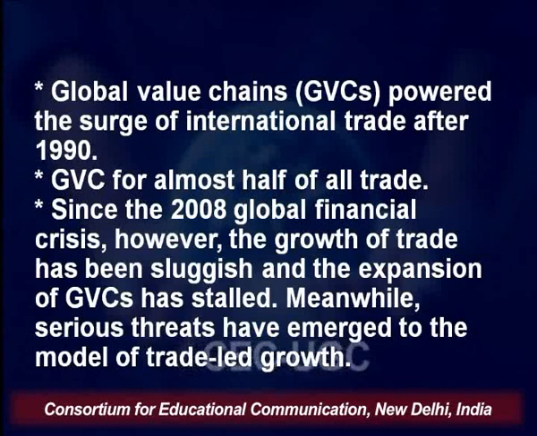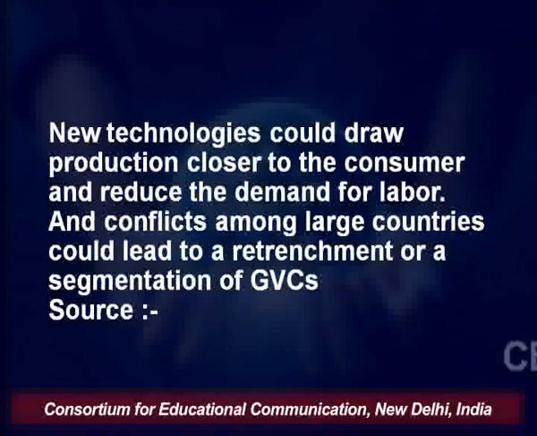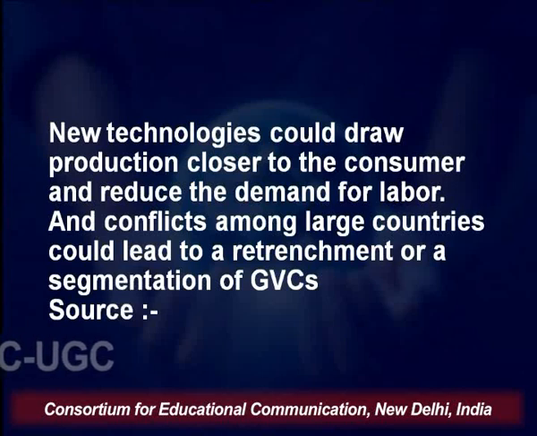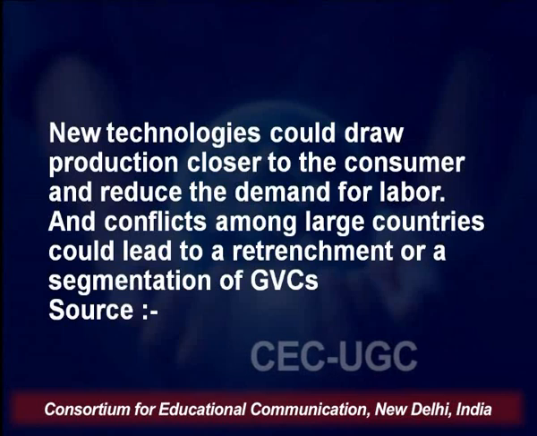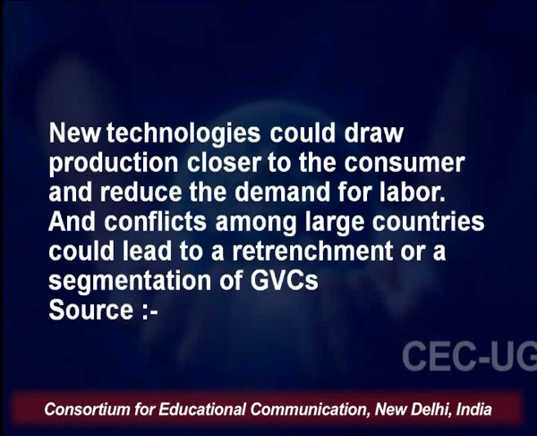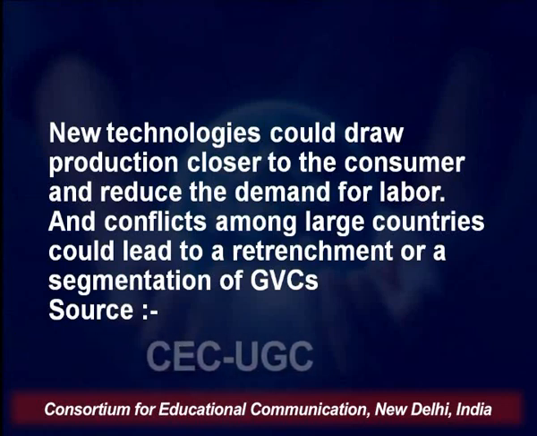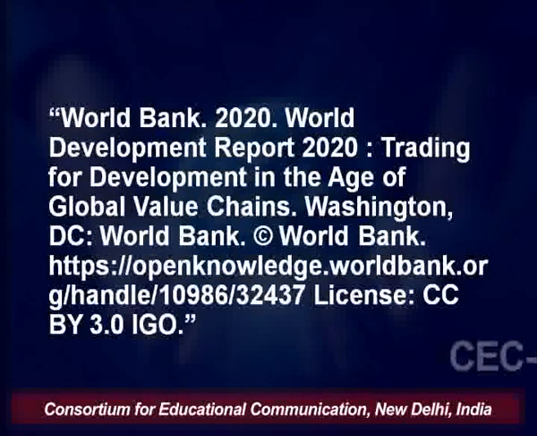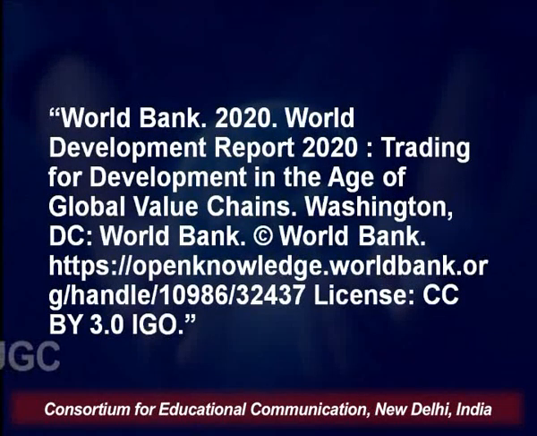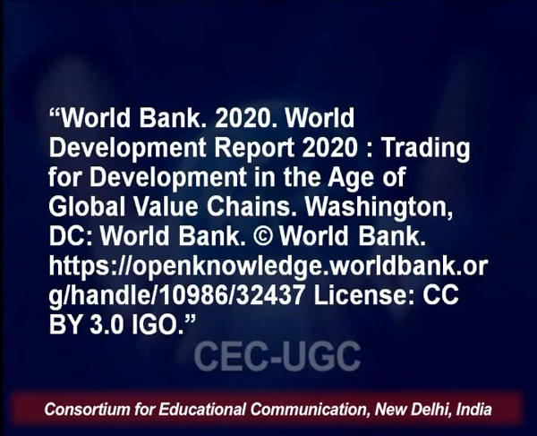Meanwhile, serious threats have emerged to the model of trade-led growth. New technologies could draw production closer to the consumer and reduce the demand for labor. And conflicts amongst large countries could lead to retrenchment or segmentation of global value chains. Once again, we are quoting from the World Development Report 2019.